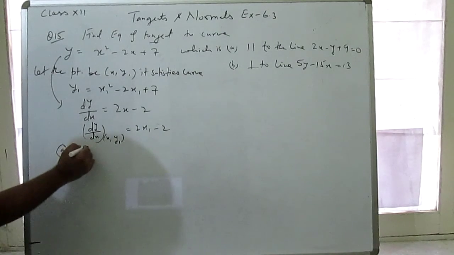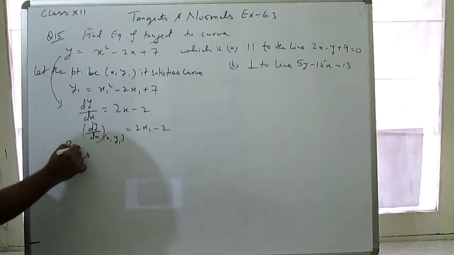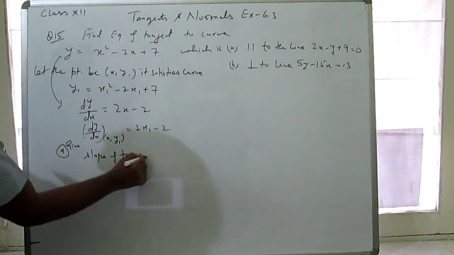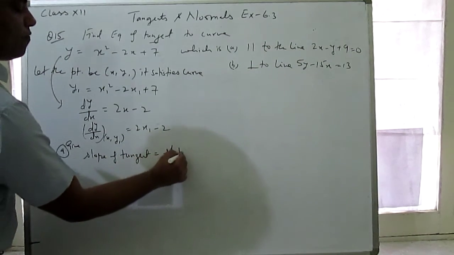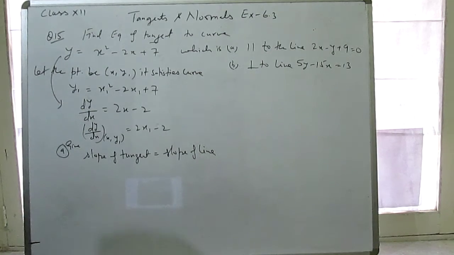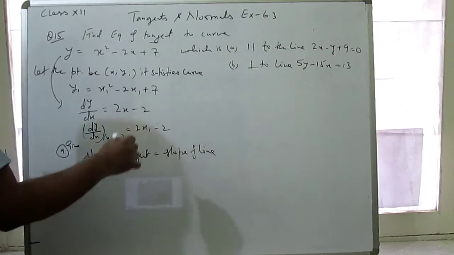This slope is parallel to the line, so it is given in a case, slope of tangent is equal to slope of line. What is the slope of line?